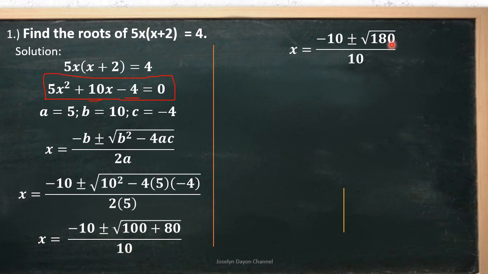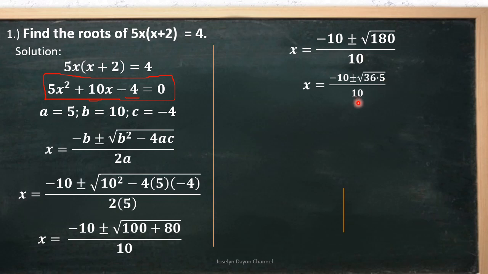Now we are going to extract the square root of 180. But the square root of 180 is not an integer. So we have to factor out 180 where one of the factors is a perfect square. So we have, just bring down negative 10 plus minus square root of 180 can be factored out as 36 times 5, where 36 is a perfect square.